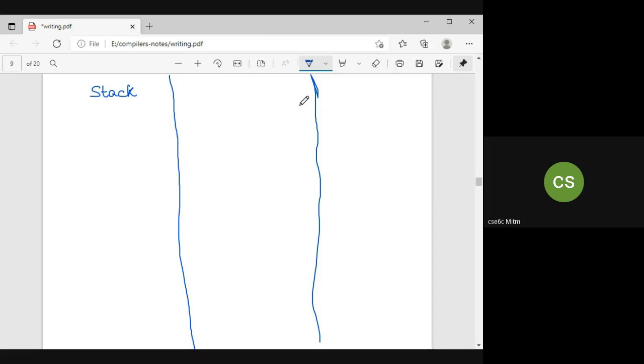And the third column is going to be the parsing action.